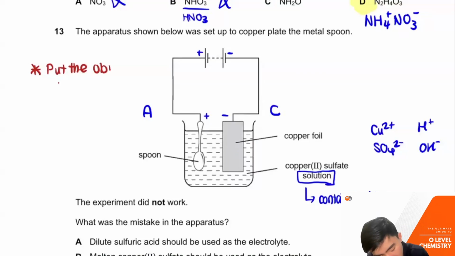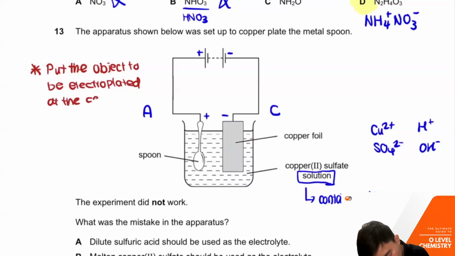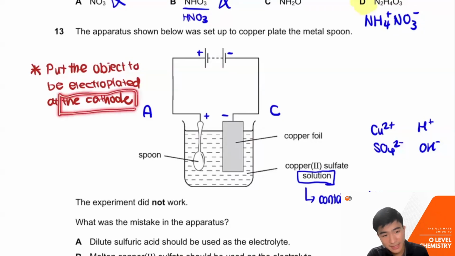Put the object to be electroplated at the cathode. This is 100 times more important than you think. Because many times students forget this. Forget that it should be at the cathode.